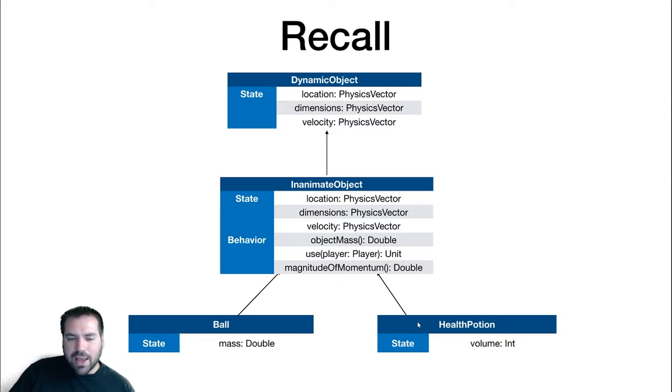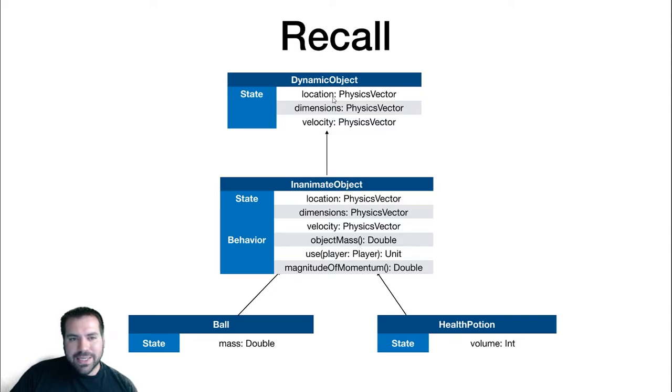Each one of these will have all of that functionality, and we can guarantee that because we extended the functionality of InanimateObject. Each of these types has different implementations for objectMass and use. They do different things, but we do know that they have those implementations, which is going to be important when we start talking about polymorphism on the next slide.